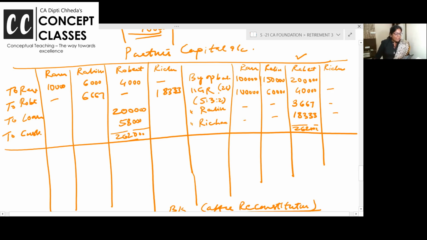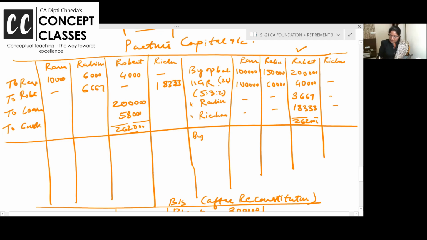Richard's capital should be equal to combined capital of Ram and Rahim. तो राम और रहीम का क्लोजिंग कैपिटल कितना है देखो. पहले इसको नीचे लेके आ जाते हैं. राम 1,90,000 एंड रहीम का कैपिटल देखो कितना है. 150 plus 60 minus 6,000 minus 66.